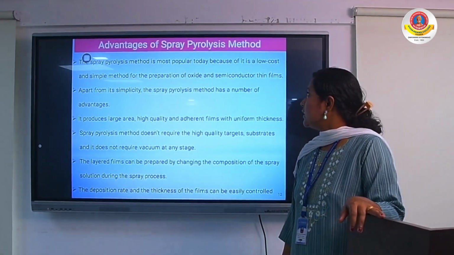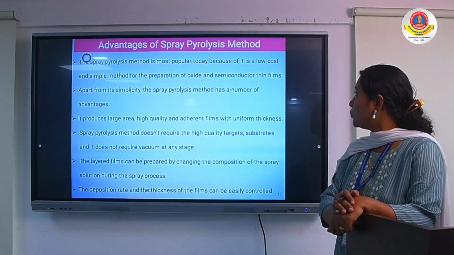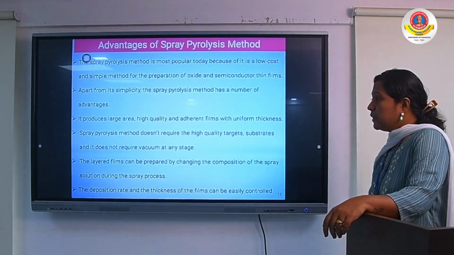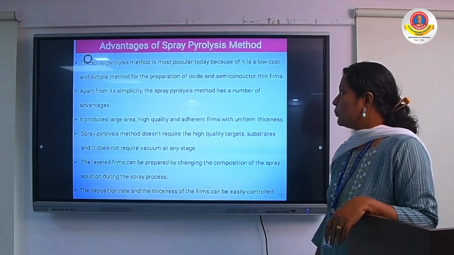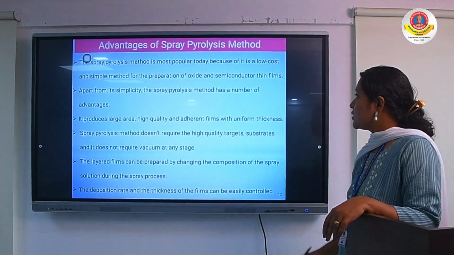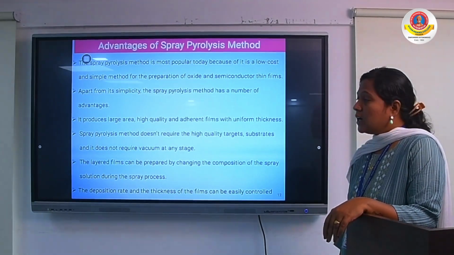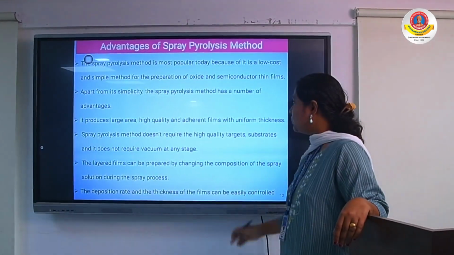These are the advantages of the spray pyrolysis method. It is most popular today because it is a low cost and simple method for preparation of oxide and semiconductor thin films. Apart from its simplicity, it has a number of advantages. It produces large area, high quality and adherent thin films with uniform thicknesses.